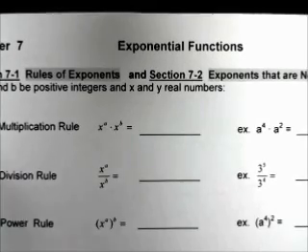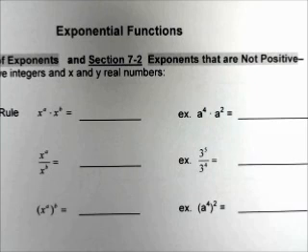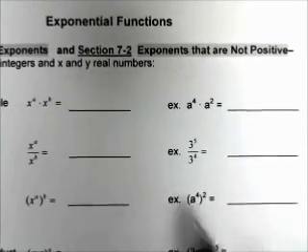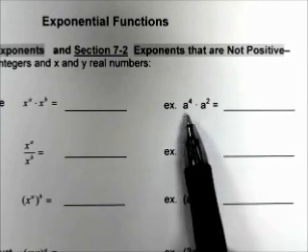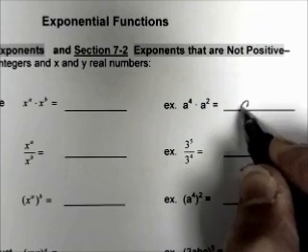And we have the name of the rule, and on the left-hand side, and on the right-hand side, we have examples. For the most part, I'm going to do the example first, and then go to the left-hand side and write the general rule. So starting here, we have our example, a to the fourth times a to the second. Well, this is equal to a to what power?